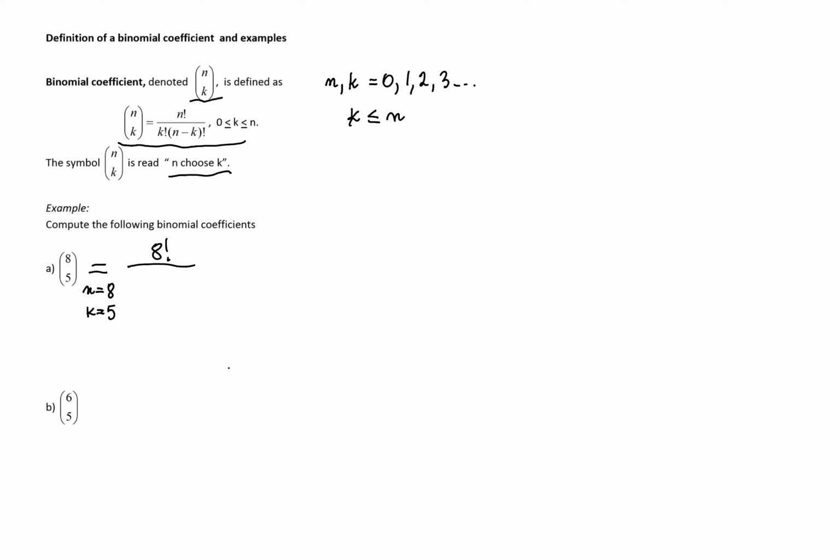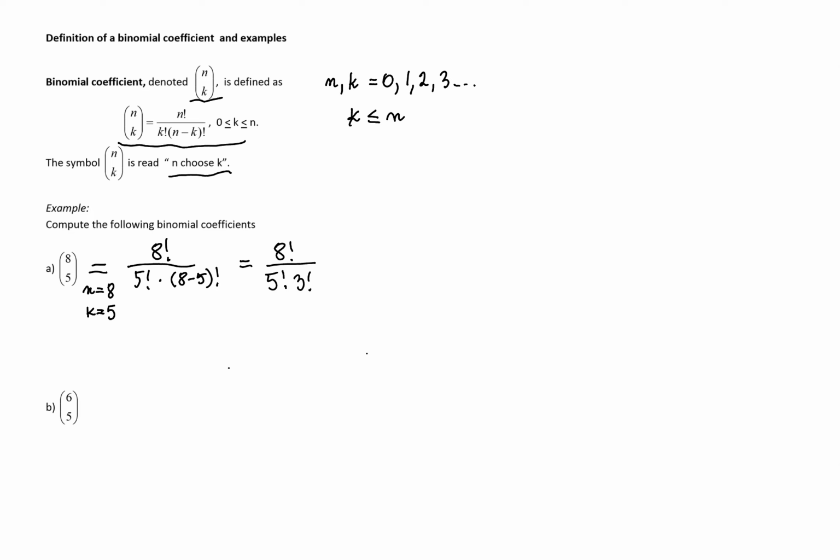Then we take the number in the denominator, which is 5, and take the factorial of that. And then we take the difference of both of them, 8 minus 5, and also take the factorial of that. So the expression really reduces to 8 factorial over 5 factorial times 3 factorial.